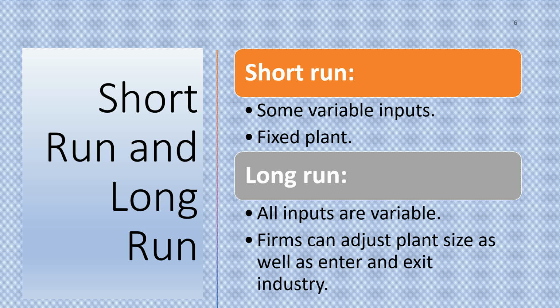In the short run, though, let's think about a manufacturing situation for a moment. In economics, we define the short run this way: there's always some fixed input, like a fixed plant size. I alluded to this earlier in the course.